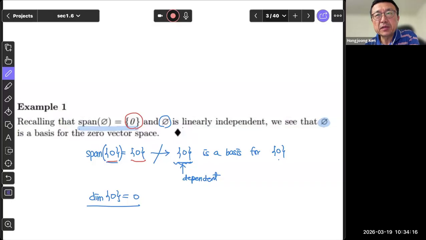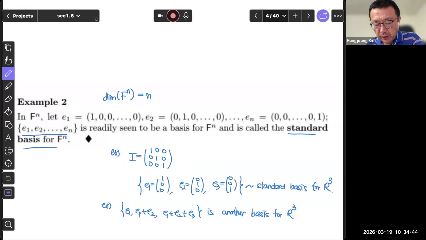It cannot be a basis for any space. The empty set is linearly independent, so the empty set is a basis for the zero vector space. And since the empty set does not have any vector in it, the dimension of the zero space will be zero.